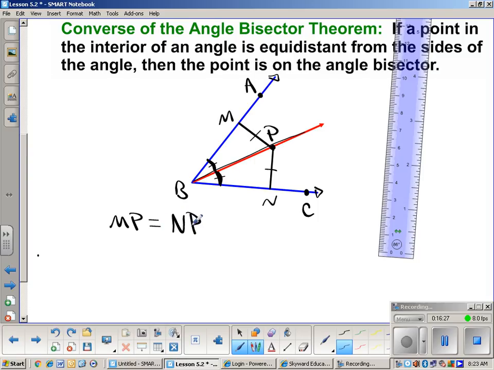Remember, no symbol over the M and P means that we're saying the distance from M to P. And no symbol over NP means the distance from N to P. Okay? If I did this, I'm talking about the segment, the picture. Okay? If I do this, I'm talking about the ray. If I add this, I'm talking about the line. But no symbol at all.